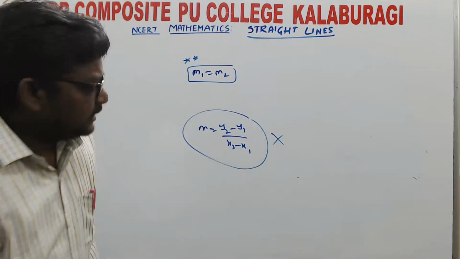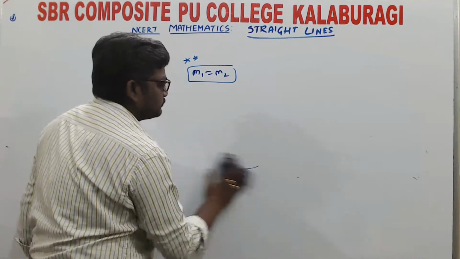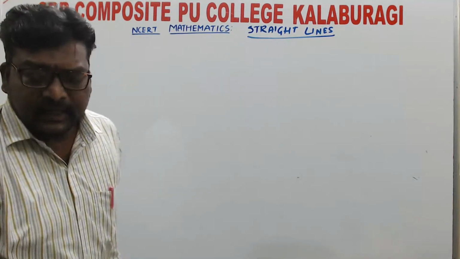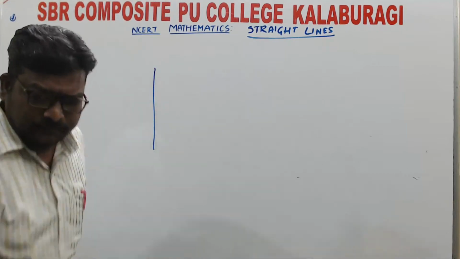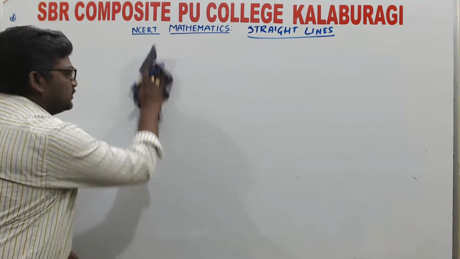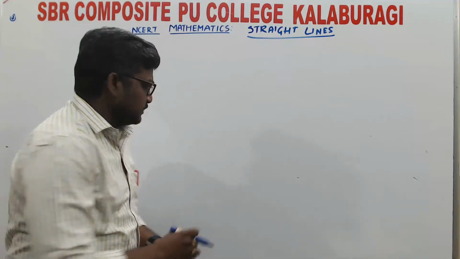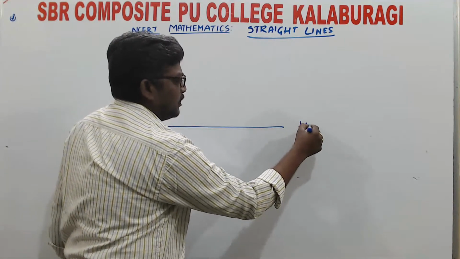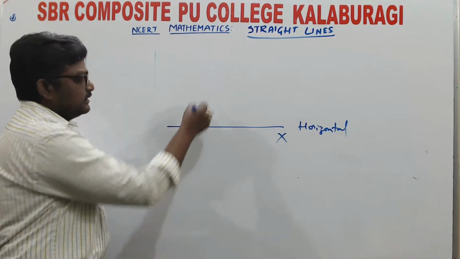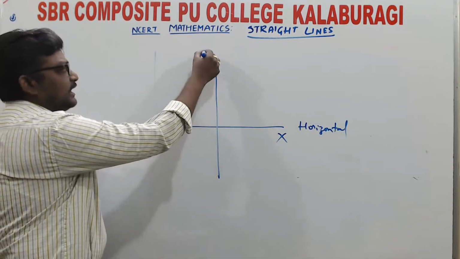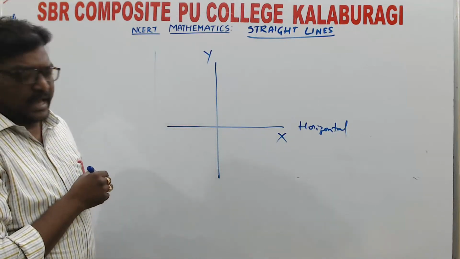And one more thing, the children are asking what is meant by a non-vertical line. Here, there are three types of lines in straight lines. This horizontal line, we call it the x-axis, and this vertical line, we call it the y-axis.